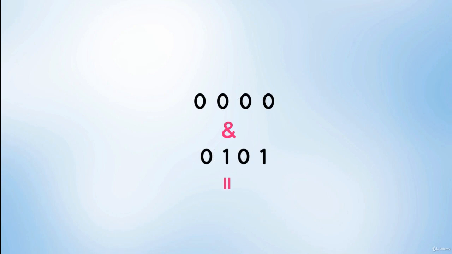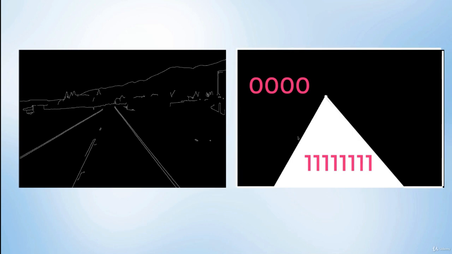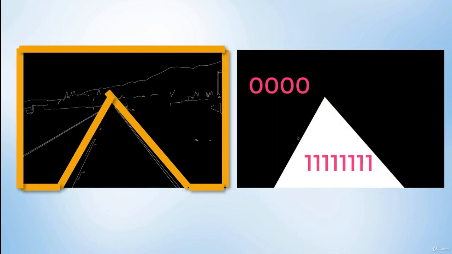What if we took the bitwise AND of all zeros with any other value? Well, no matter what, during the operation, you're always going to have at least one 0, which means the result of the AND operation will yield all zeros, no matter what value we choose to operate against it. So going back to our two images, the black region whose pixels have intensity values which correspond to the binary number we just talked about, 0000, by operating it against the pixel values in the corresponding region of the other array, the result is always going to be a binary value of 0, 0, 0, 0.